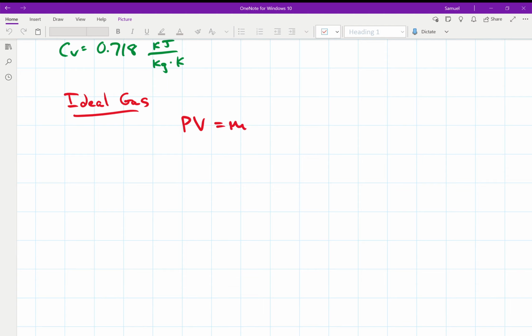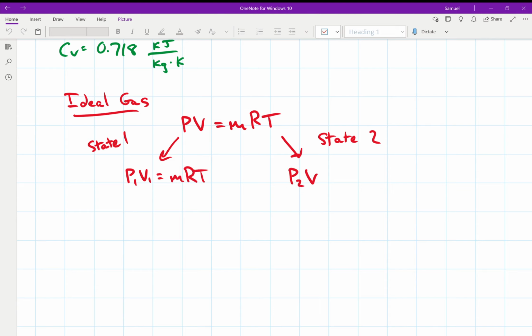I'm going to write this equation twice, once for state 1 and once for state 2. For state 1, we have P1 times V1 equals mRT1. For state 2, we have P2 times V2 equals mRT2. Sorry, I should have put T1 over here.